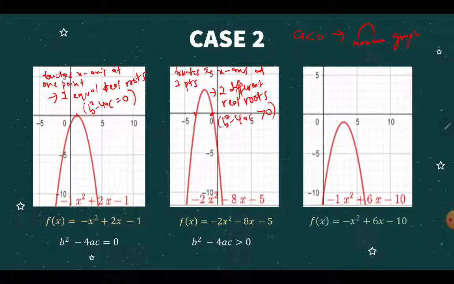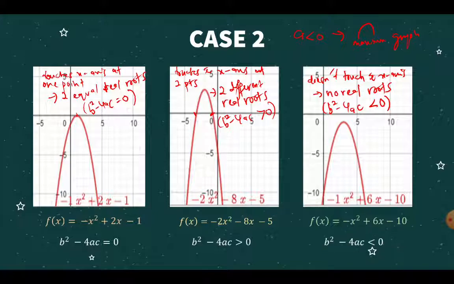The last one doesn't touch the x-axis. So we know that we have no real roots. So the discriminant must be negative. So this is just what we've learned before, the type of roots of quadratic function. So this is simple.